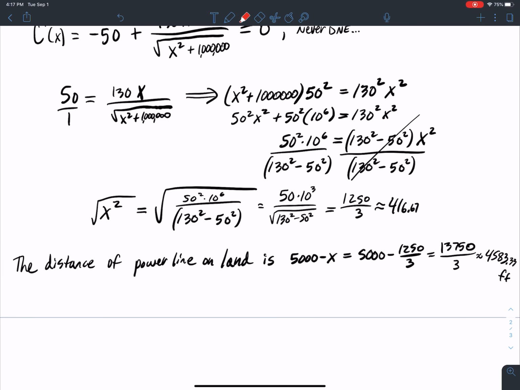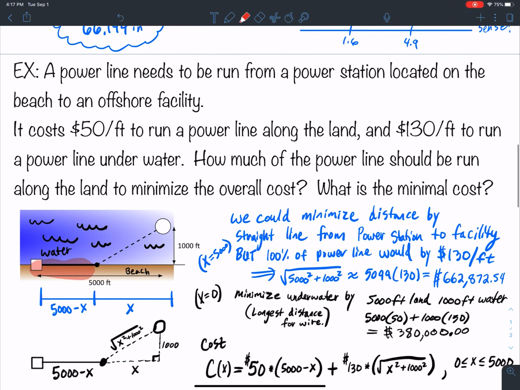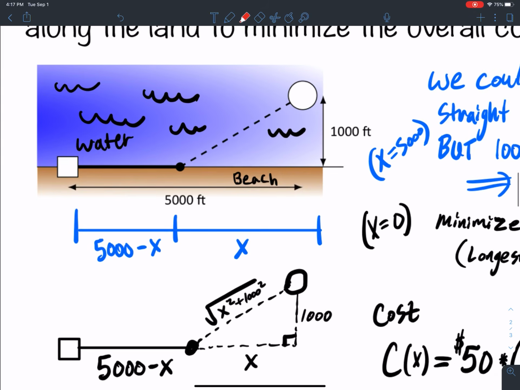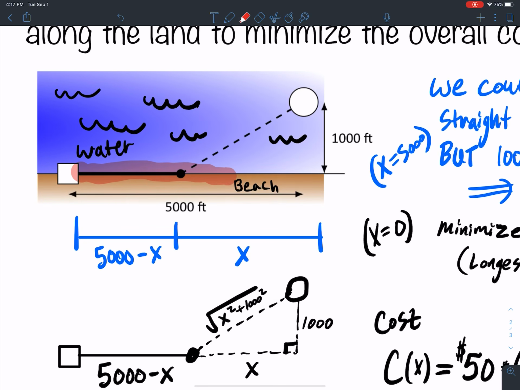So that means 4,583 feet is on the land. So that's really close to being all the way, right? So 4,583 feet on the land. And then we have a slight amount that's on the water.